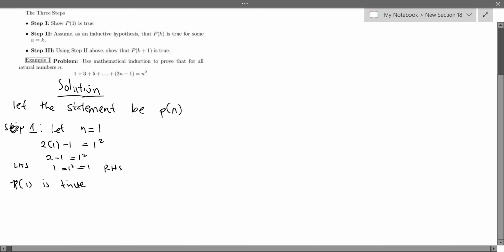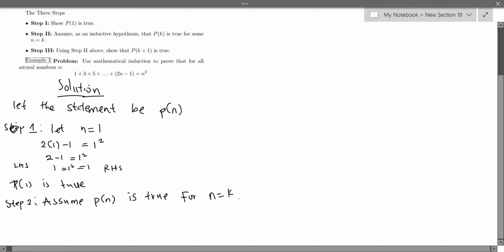Now let us continue. Step 2 is to assume P of n is true for n equals k.